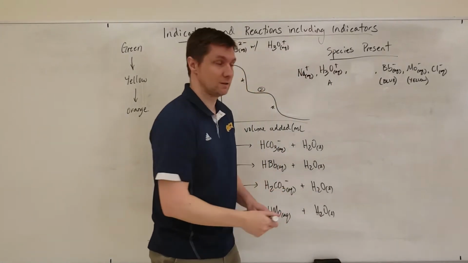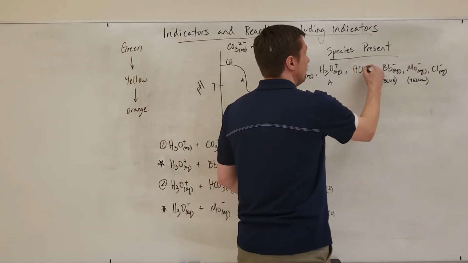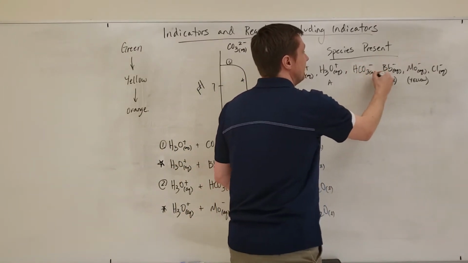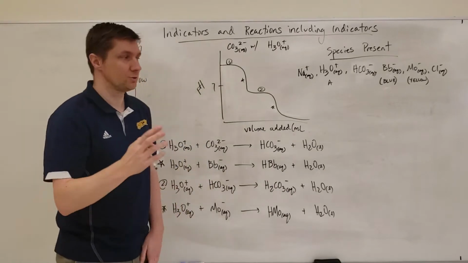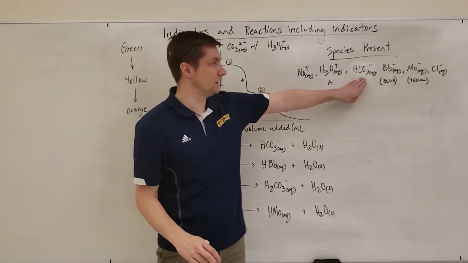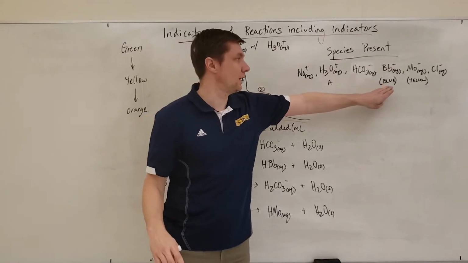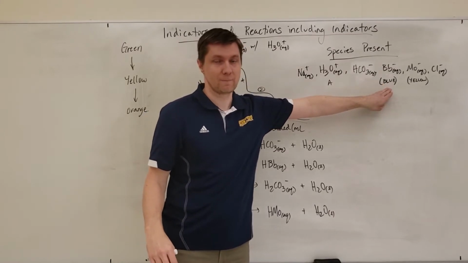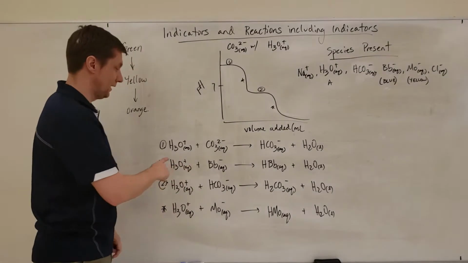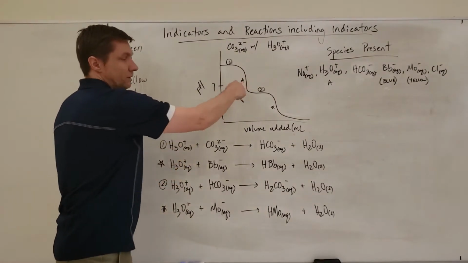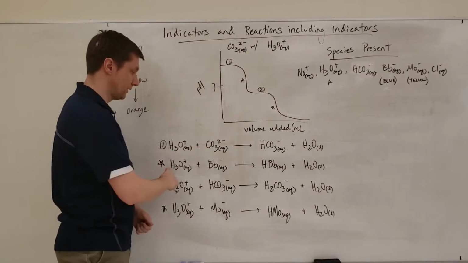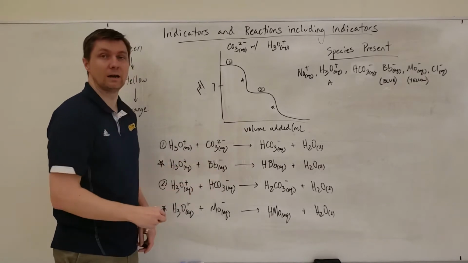Instead, what's present in the place of it is HCO3 minus. But it turns out that HCO3 minus is not quite as strong of a base as Bb minus is. And so the hydronium ion at this equivalence point is going to choose to react with this Bb minus ion.